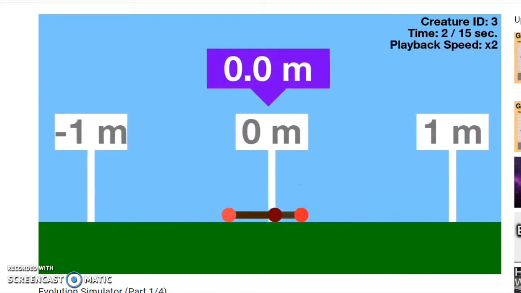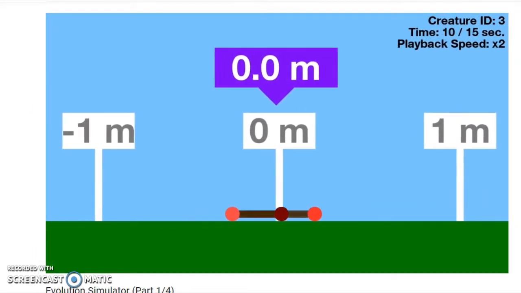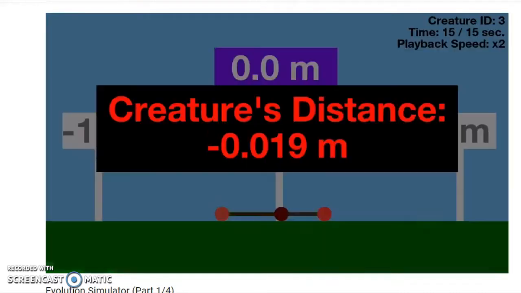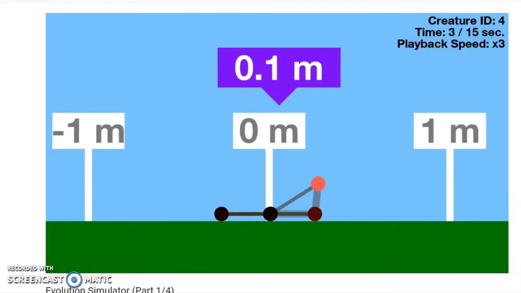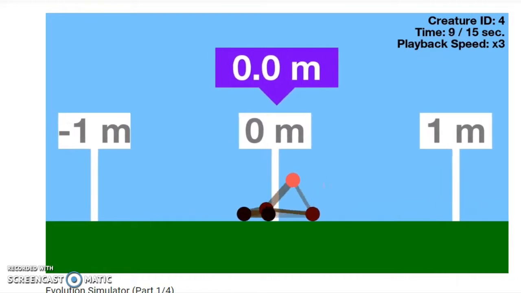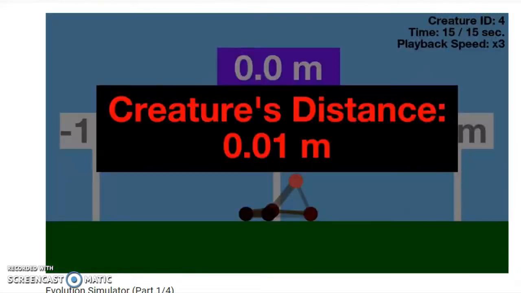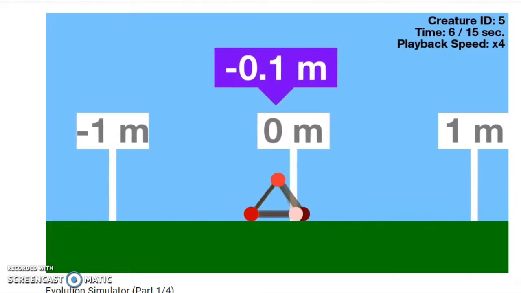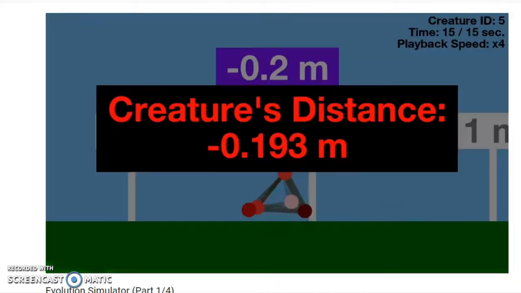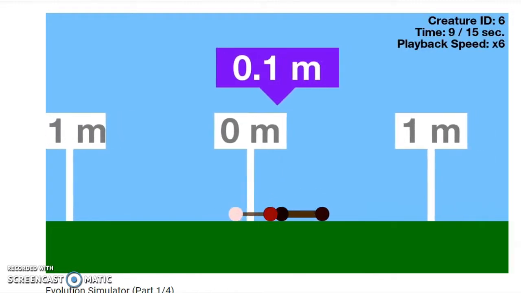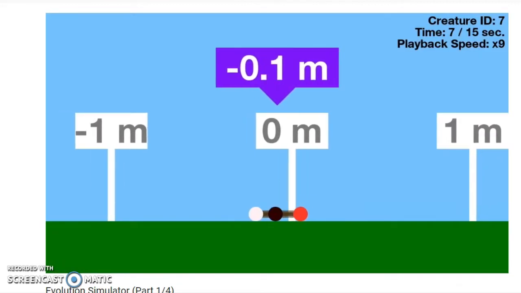We're going to speed up the playback rate now so we can get through all 1000 creatures in time. Also, look how symmetrical this creature is! But it still moved backward. Our fourth creature has what looks like a sail sticking up in front, but it's not catching any wind. Because these creatures were randomly generated, I think it's fair to say that about half will go left and about half will go right.